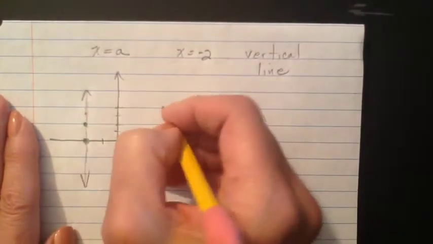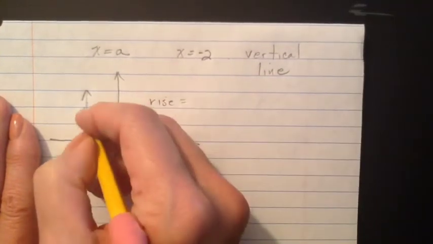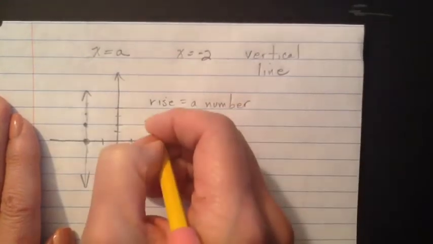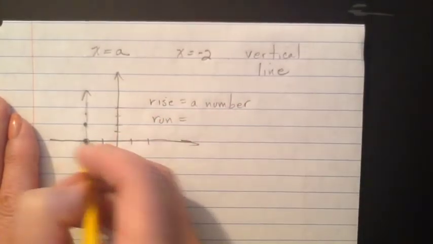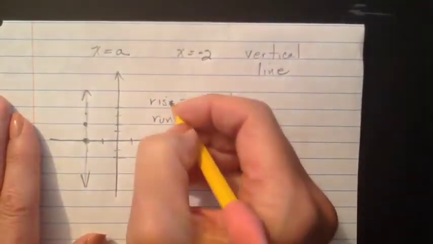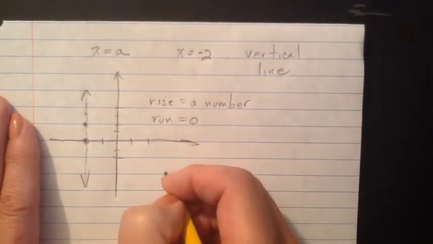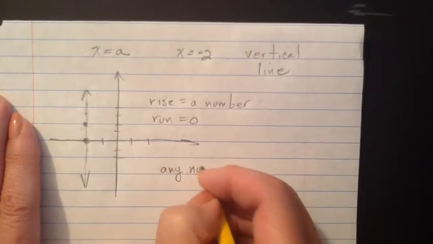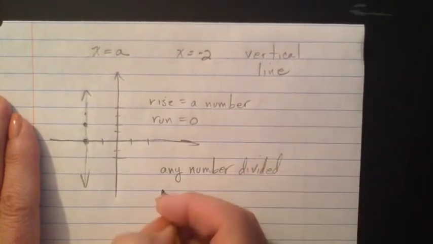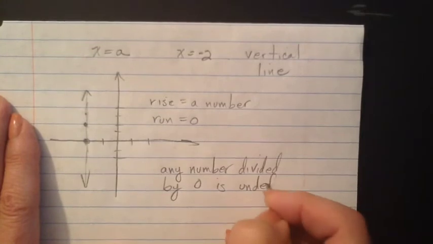Okay, let's look at our rise. Our rise here is some number depending on what we pick. And what is our run? Our run is 0. It's not moving horizontally at all. Our rise divided by our run, some number divided by 0, any number divided by 0 is undefined.